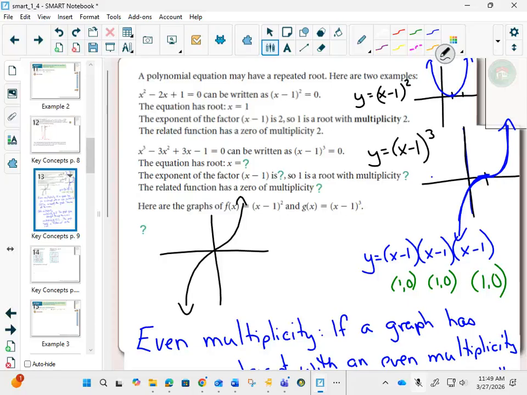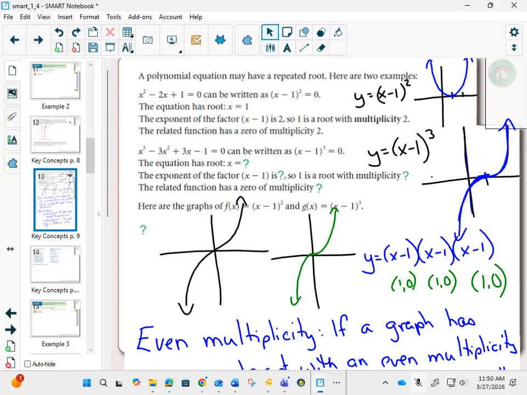I should draw my axes, have my x cubed graph, draw a tiny little flat line, and then connect from that side up, this side down. That's a better x cubed graph. It completely flattens out at that point. So we say bends because it really has to show a bend in the graph. This black one is still pretty smooth through that x-intercept. So it bends or flattens out.